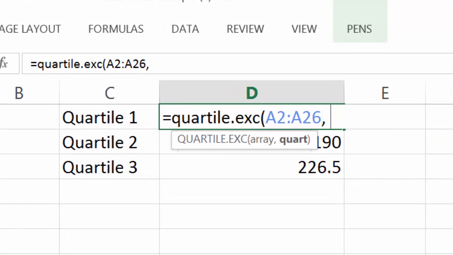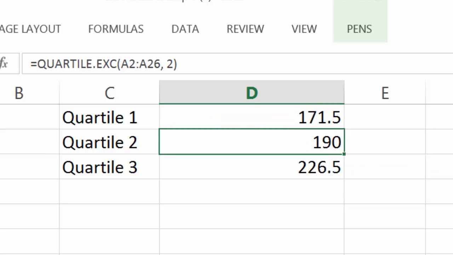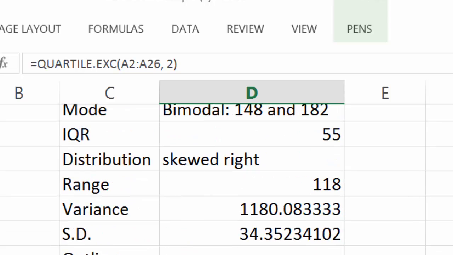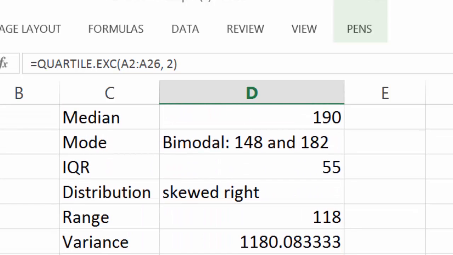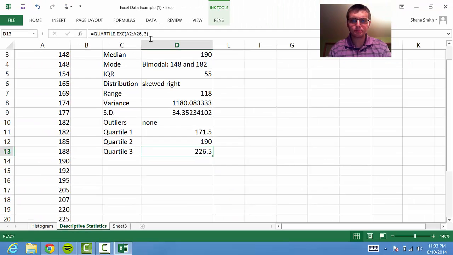Now, because there are 3 quartiles, you have to tell the Excel program what quartile you're finding. We're finding the first, so we put the comma there, 1, and parenthesis, and that gives us the first quartile. You do the same thing with the other quartiles. The second quartile is the same thing except we put comma 2, and the third quartile is the same thing except we put comma 3. And that finds the quartile for us.